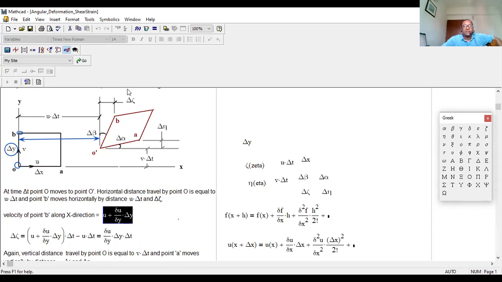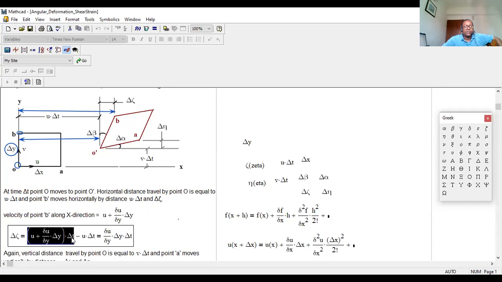Now, what is zeta? This blue distance is traveled by point O. The distance traveled by point B from here to here equals this velocity times delta t.